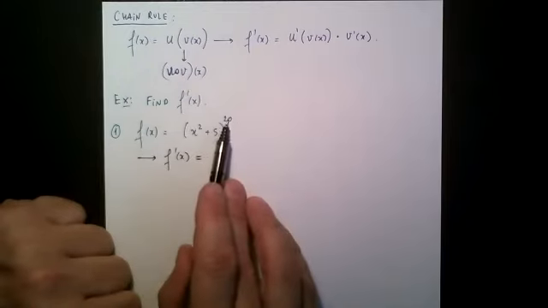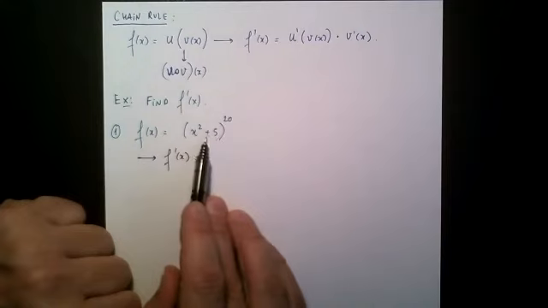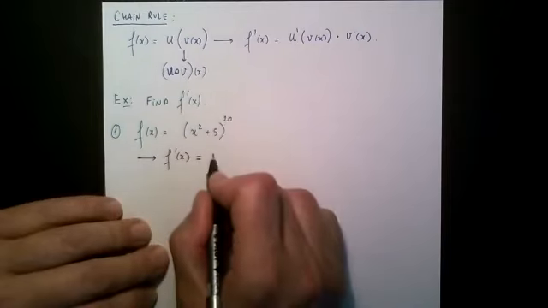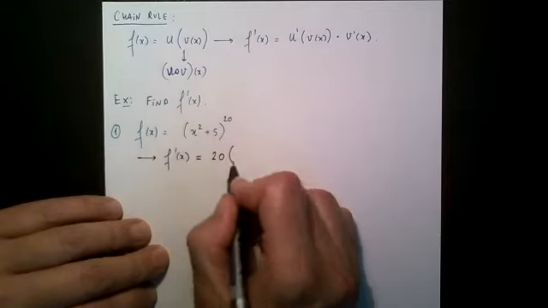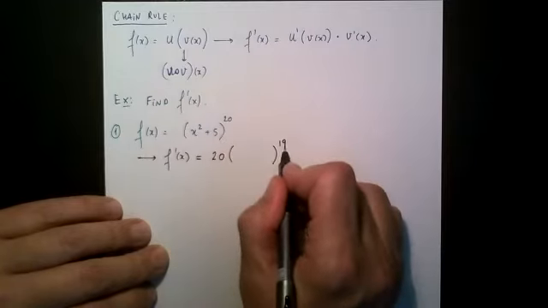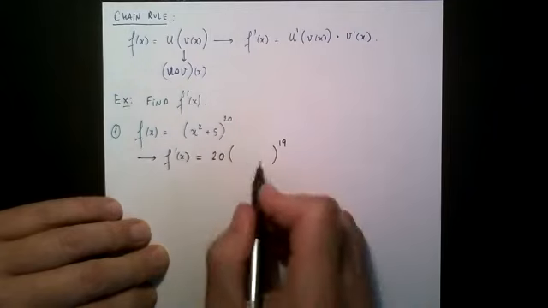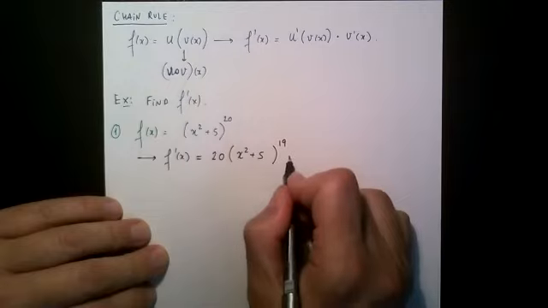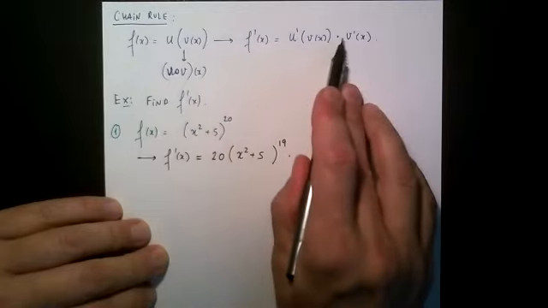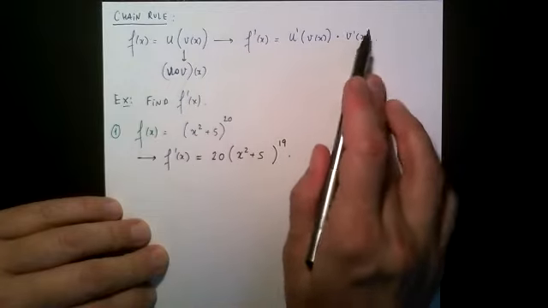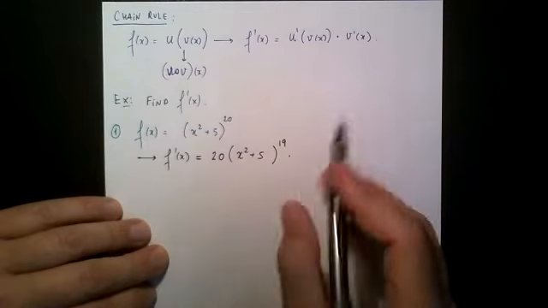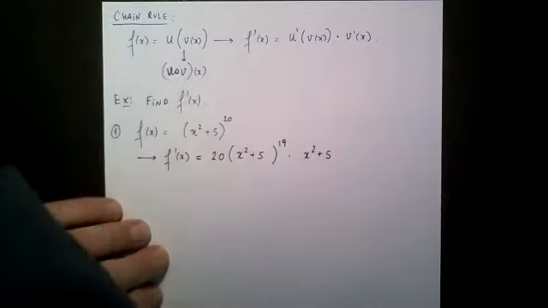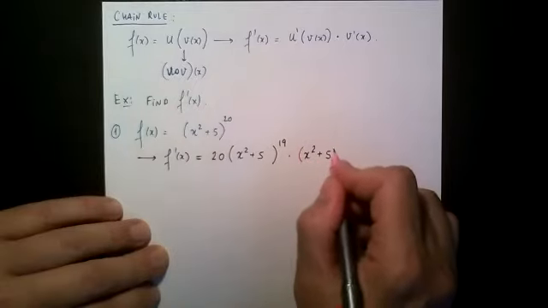So we're putting another function to the power of 20. We first derive the power of 20, so it's as usual 20 times this to the power 19, our regular power rule, of x squared plus 5, and times the derivative of the inside. What's inside? I have to derive it: x squared plus 5, prime.